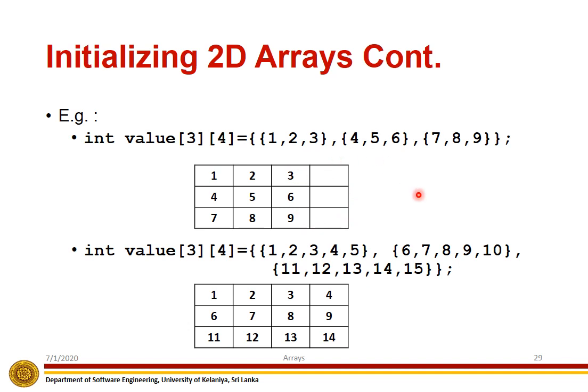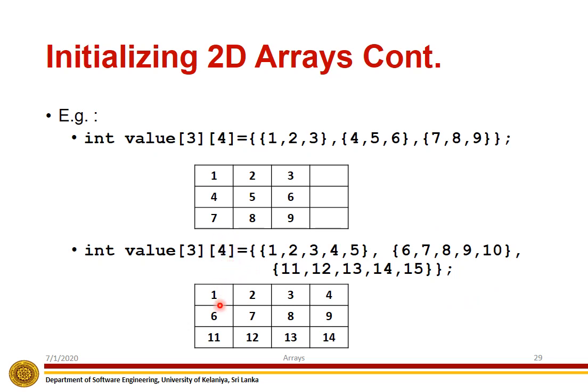In the second example, the same array declaration: int value 3 4, 3 rows and 4 columns. In here 3 rows are okay, but the columns in here are 1, 2, 3, 4, 5, 5 columns, 0 to 4th index. In here 1, 2, 3, 4, 5, here also 5 and here also 5, but we declared it as 4.